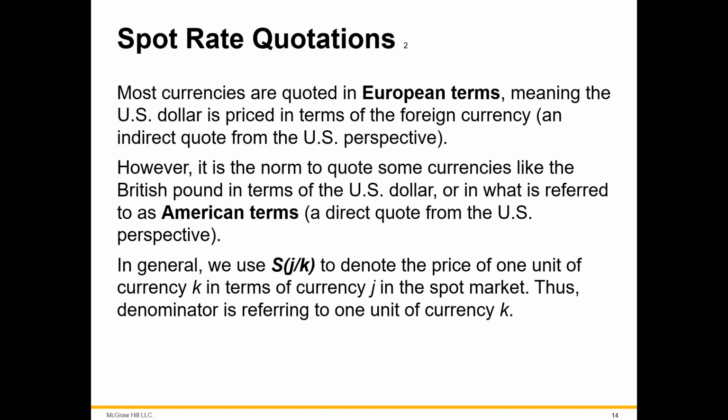So most currencies for Americans are in European terms, or indirect quotes, but some are American terms, and the pound is a good example. So your book uses this notation S_J/K to suggest that we're going to buy, the price of 1 unit of currency K in terms of currency J in the spot market.